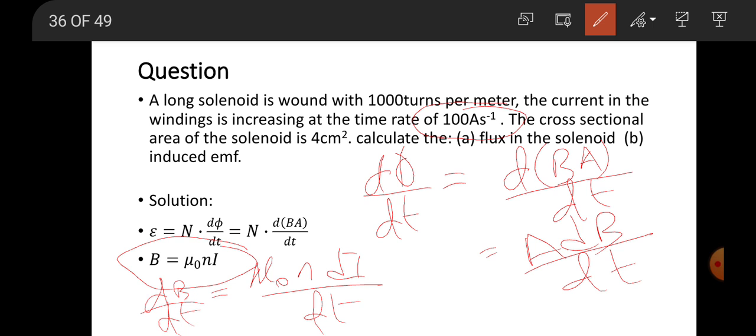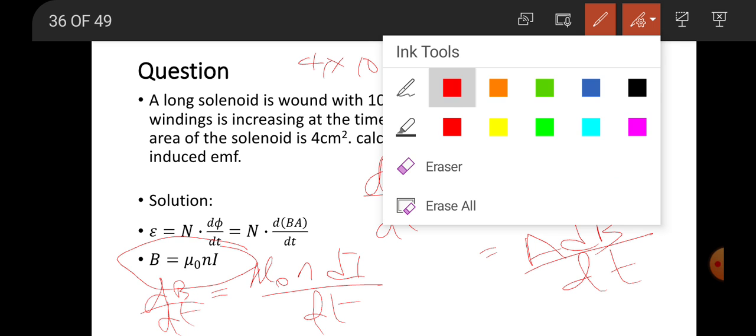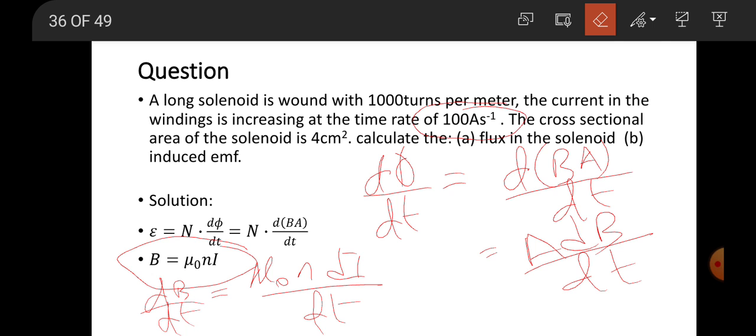Okay, so if we apply that formula now, my mu naught is 4 times 10 to the power minus 7, 4 pi, sorry. Okay, let me erase this part. Okay, so my mu naught is 4 pi times 10 to the power minus 7. Now multiply by n, the number of turns per meter, which is 1000 from the question. Then times the rate of change of current, which is 100.